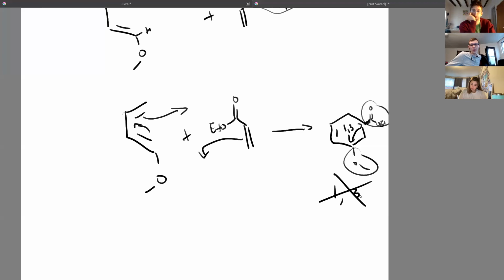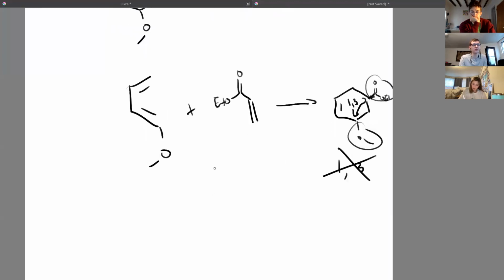So the full and proper way to do it is to line up all the positive and negative charges. But as a general rule of thumb, in every case that I've ever seen, it has been totally okay to just check what the product is. If it's 1,3, it's not right. Flip one of your two molecules and you'll get the right product.